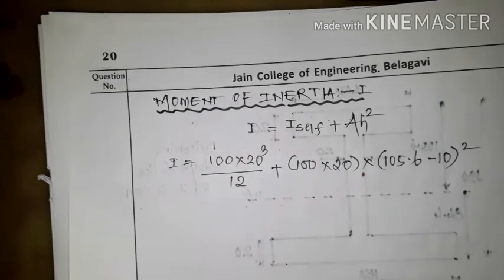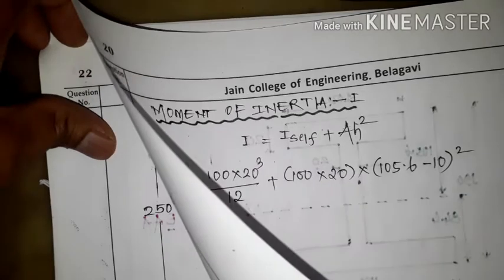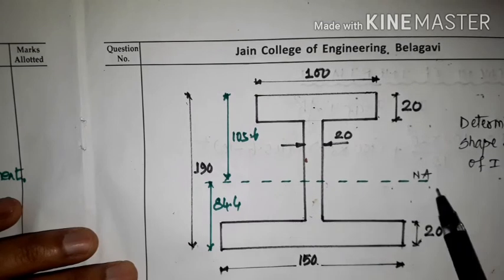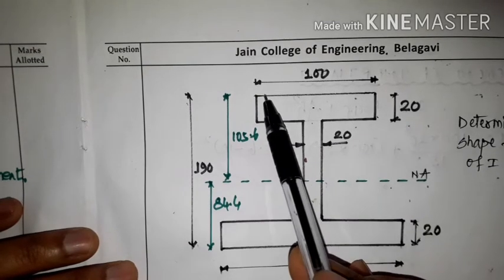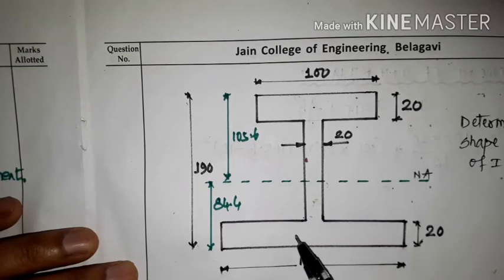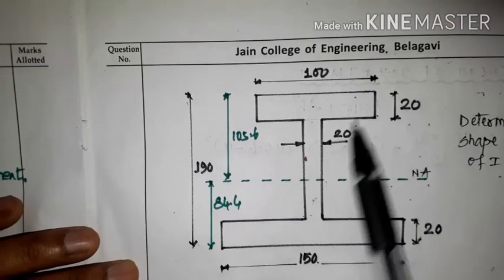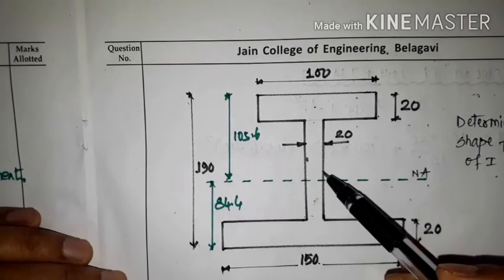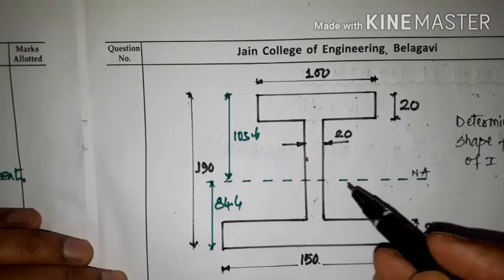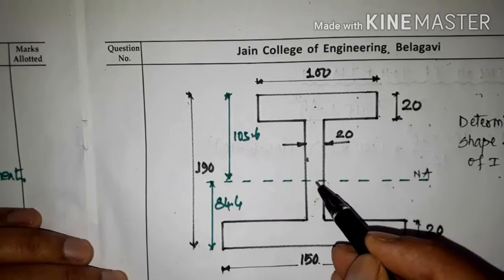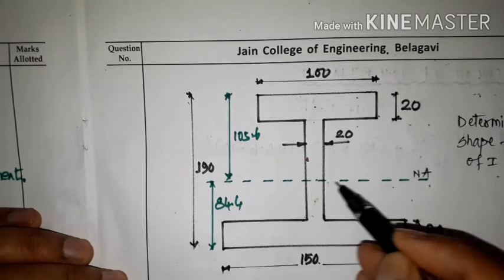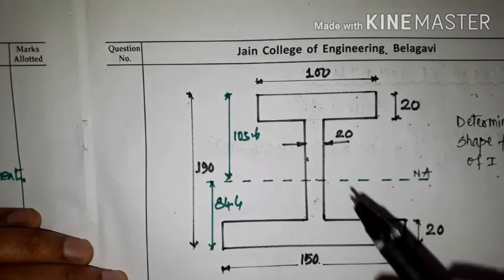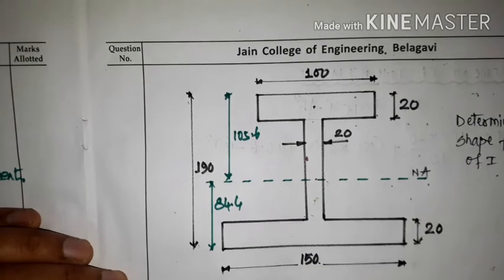So how do you get that? I will just explain here. With respect to the horizontal axis, B is 100 and D is 20. So 100 into 20 cube by 12, and area is 100 into 20, I plus A. Now what is h? It is the distance from the centroidal axis to the center of the top flange.